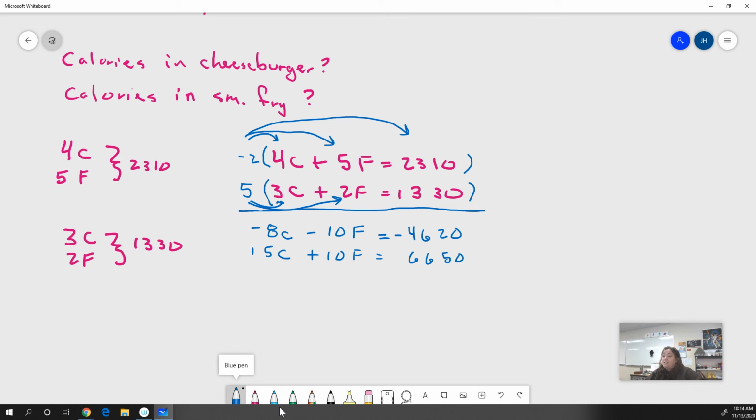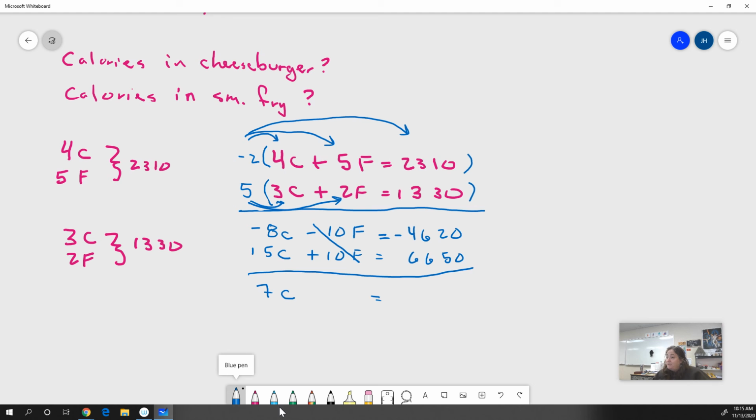And now I'm in a position where when I add these equations together, the F's are going to disappear, right? And we'll be able to solve for C, which is the whole point. So here I have minus 8C plus 15C. Well, that's going to give me 7C. These cross out. It's the whole reason we did the math.